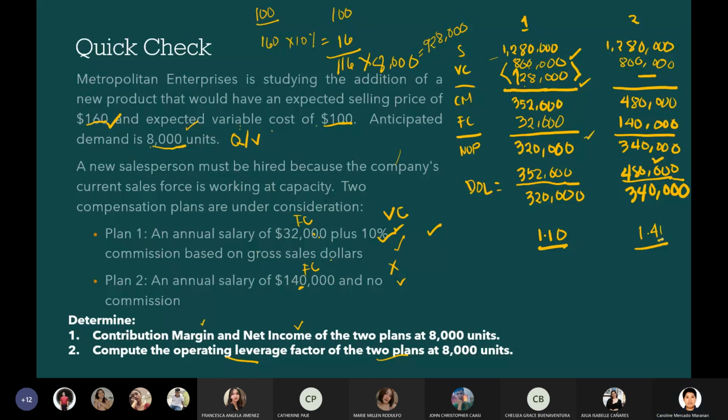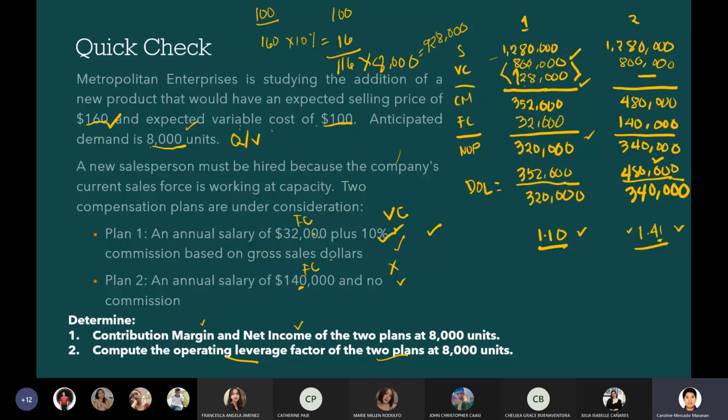Same here. Pag nagkaroon ng changes sa sales, magkakaroon ng changes sa net operating profit ko na 1.41. So, alin ang mas maganda? Mas maganda kung booming ang market, 1.41 tayo. Kung losing ang market, 1.10 tayo.